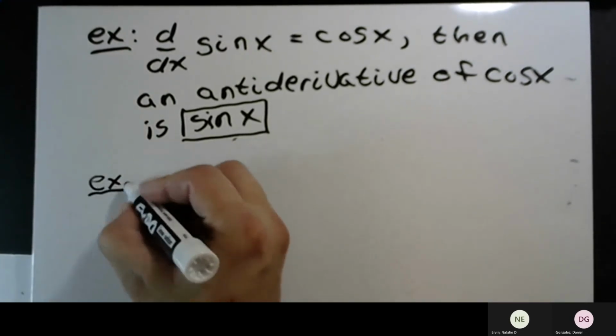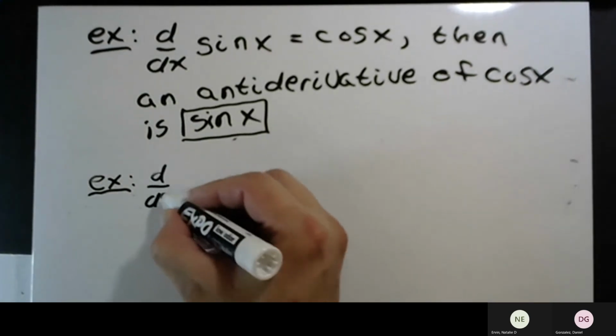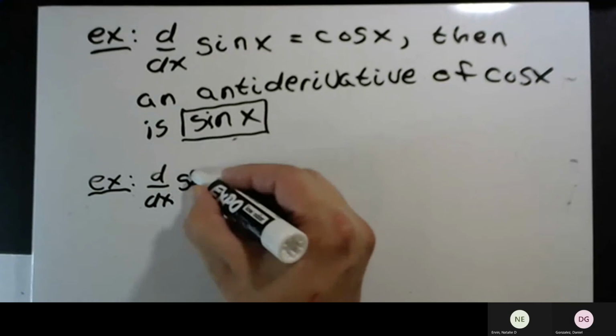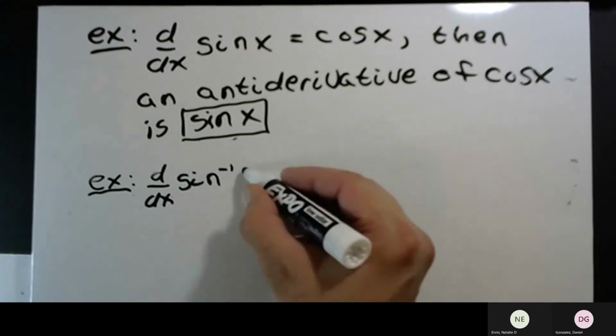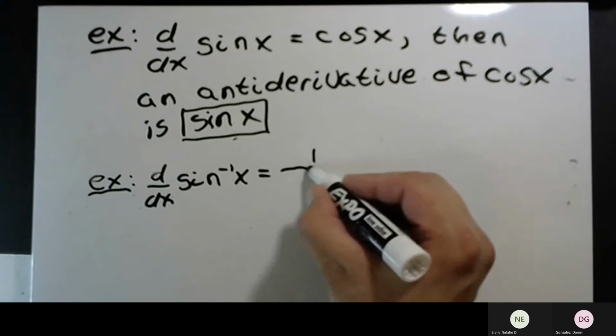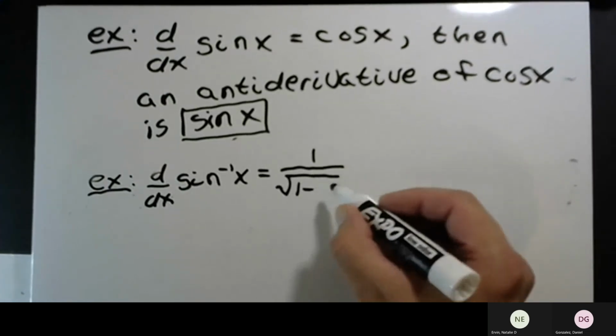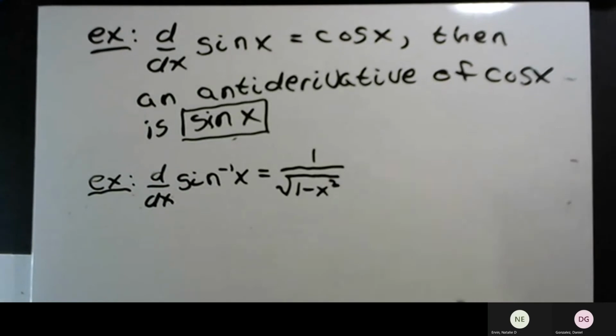And just another example. You take the derivative of the sine inverse of x, and what you'll get is 1 over the square root of 1 minus x squared.